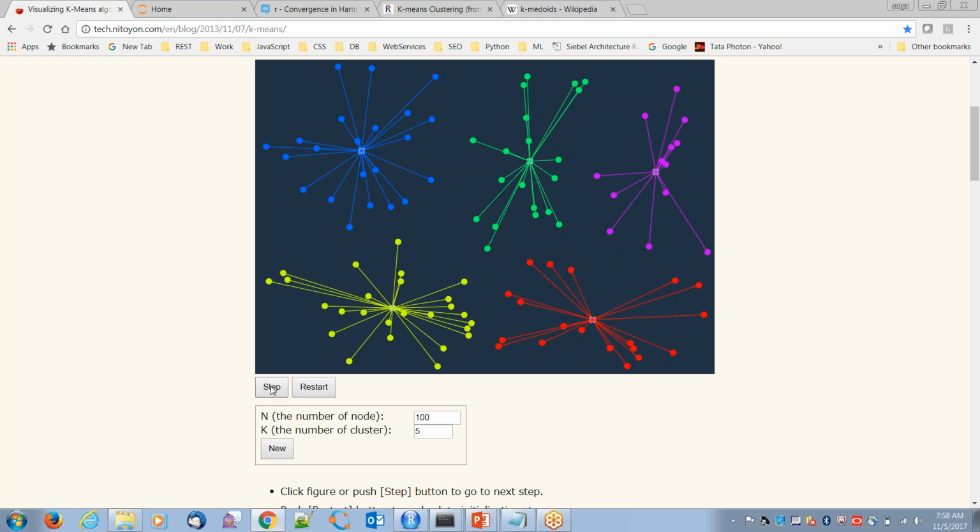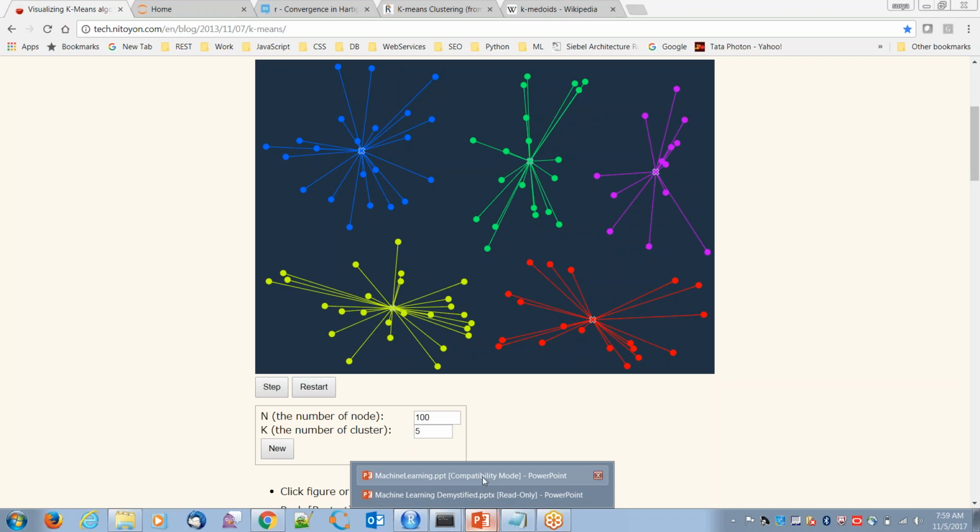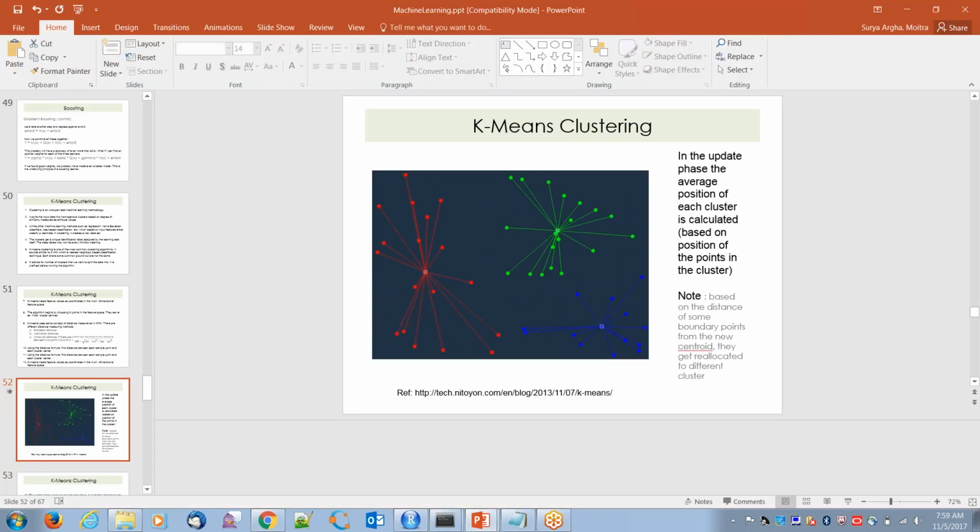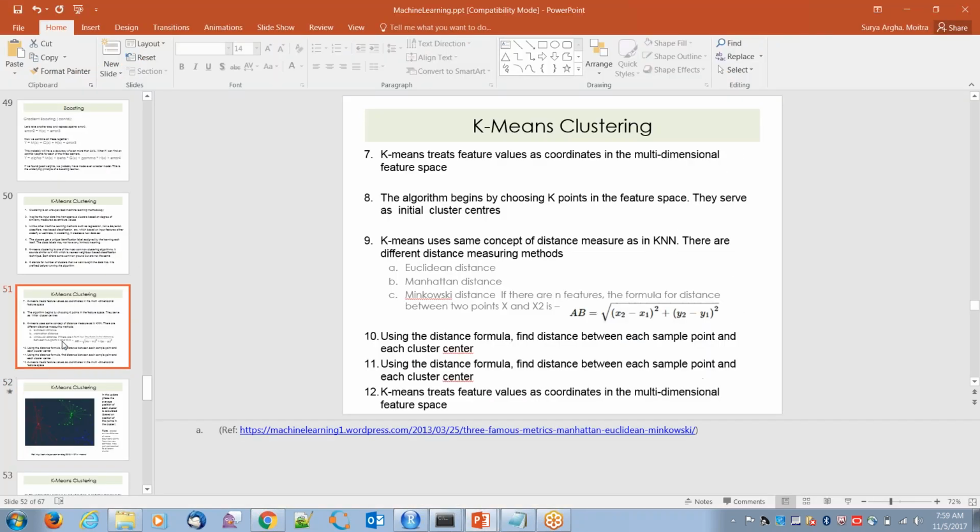We'll see that, but in most actual real life cases, k comes from the domain knowledge or your intuition that I want the data to be divided into these 7 clusters or these 3 clusters or these 9 clusters, whatever, 10 clusters. So that's how k is decided. We can use this elbow method. Now we'll discuss this just now, but it's up to you if you want to use it or not.